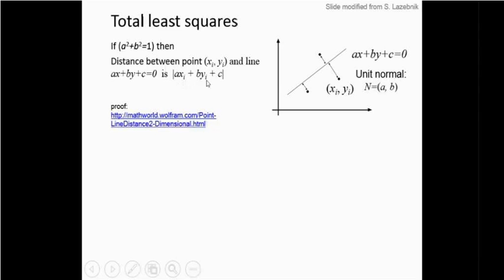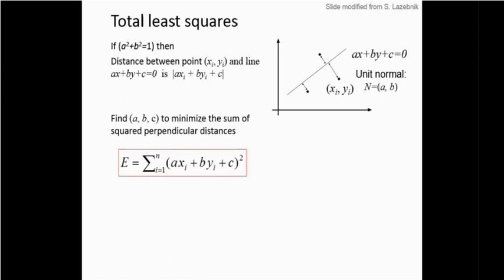So it's nice that we've got such a simple point to line distance function. Also, the normal is just a and b. There's a variety of other things that are nice about this form that we'll get to once it's more relevant. So now we want to find a, b, c to minimize the sum of squared perpendicular distances.